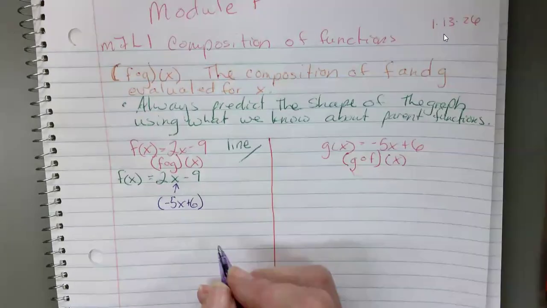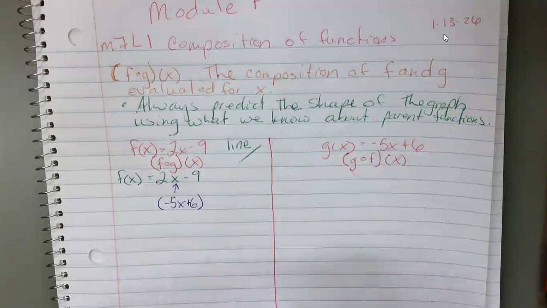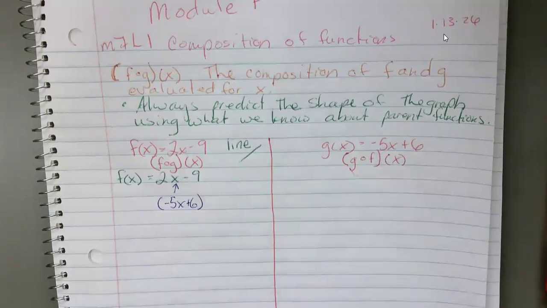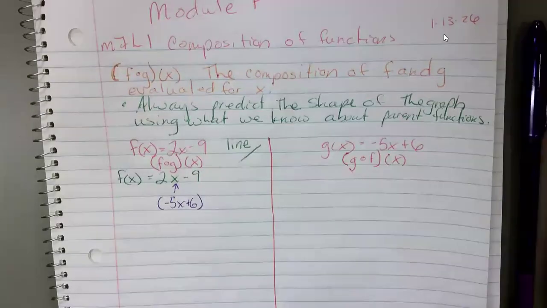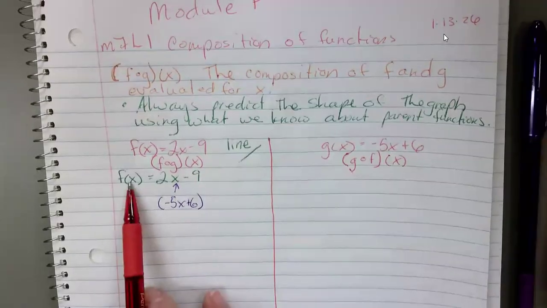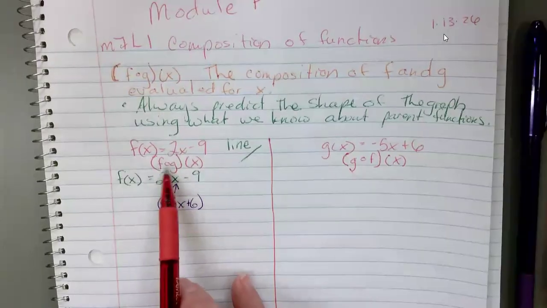Step 6 says to rewrite the first equation with the second equation plugged in for x. So I'm going to rewrite this. At this point, if I want to stay complicated over here, I would have to write the composition of f and g according to x.